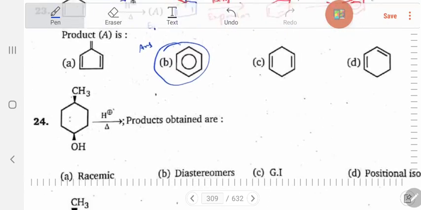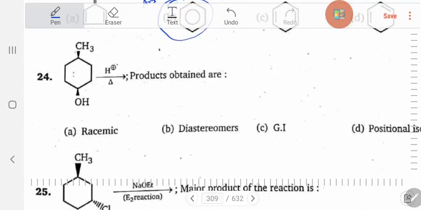Now coming to the next, question number 24. Again, you are taking H+. So first this will be donating a lone pair of electrons. So this is CH3, this is above the plane, hydrogen is below the plane. When H2O is lost, you will get a secondary carbocation.